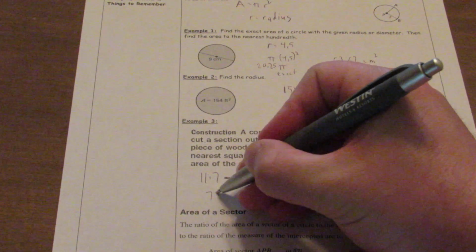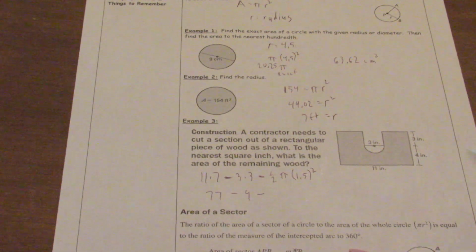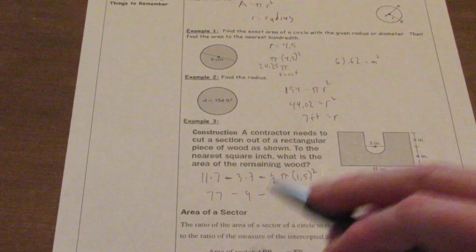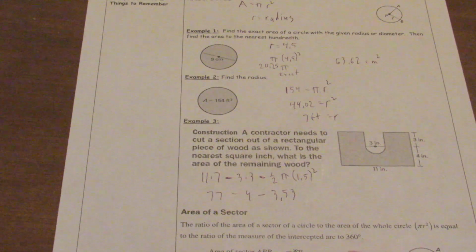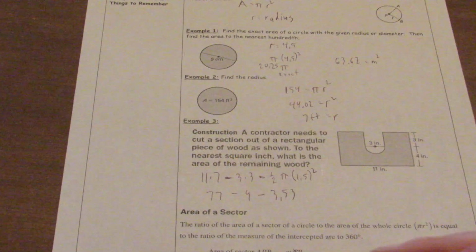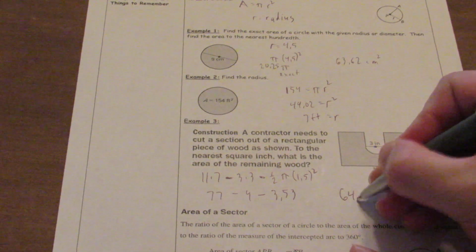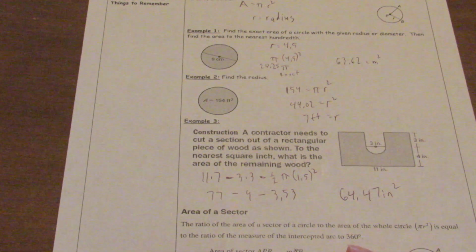So I have 77 minus 9. And I get 2.25 here times 1/2 times pi. I have 3.53. So when I do 77 minus 9 and then subtract 3.53, I get 64.47 inches squared.